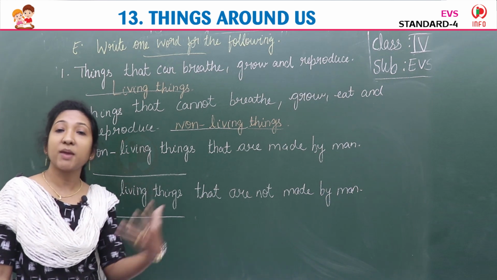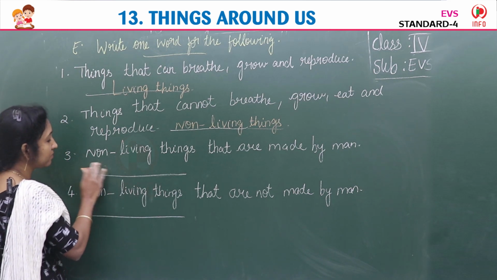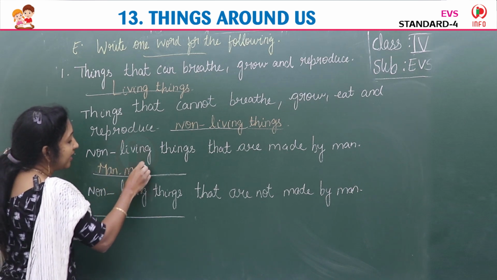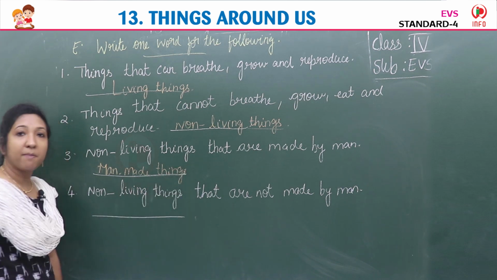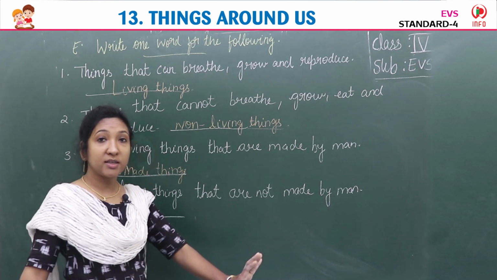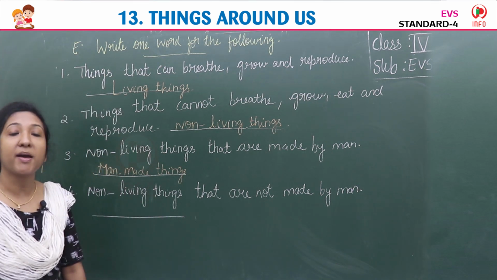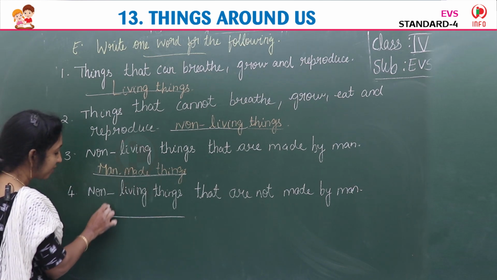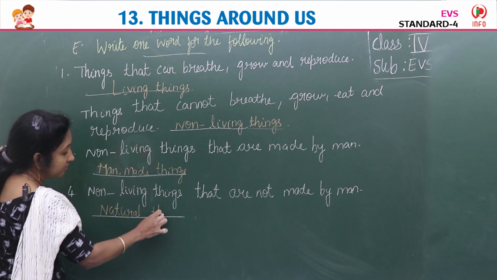So non-living things made by man are called man-made things. They are made by man. The non-living things that are not made by man, like sun, moon, stars, are called natural things.